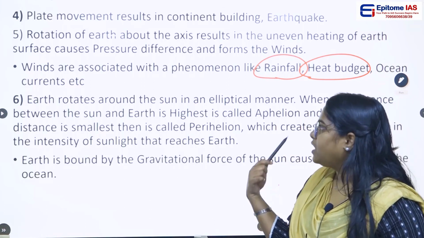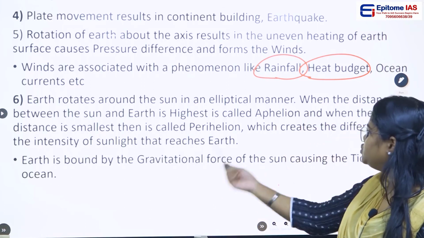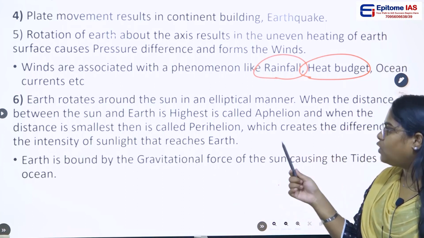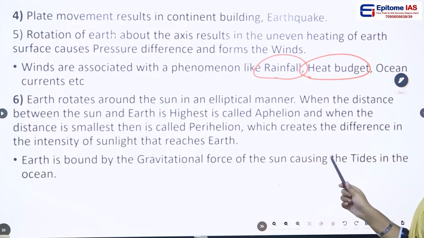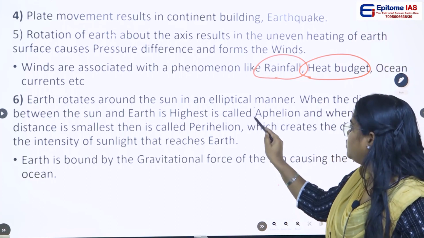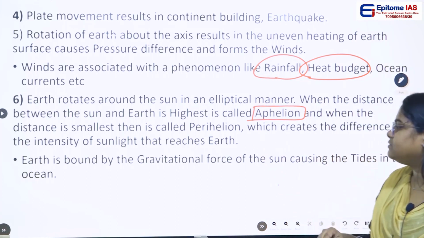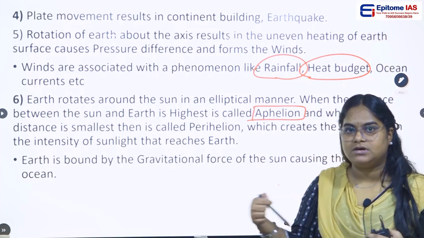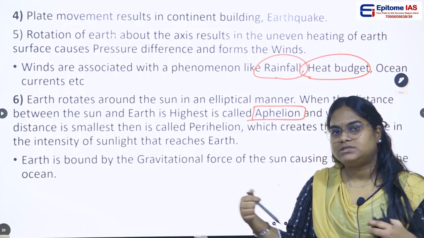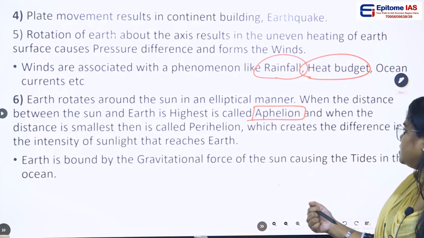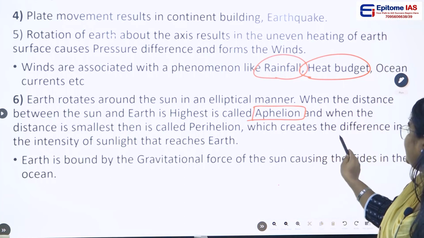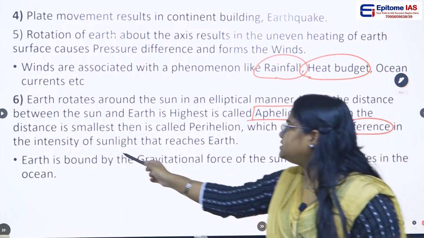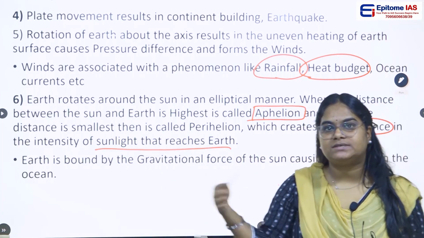And apart from the rotation, the revolution of the Earth will also cause differences, as we already read about aphelion and perihelion, that is, the longest distance and the shortest distance between the Earth and the Sun. These also create differences in the intensity of the sunlight which reaches Earth.